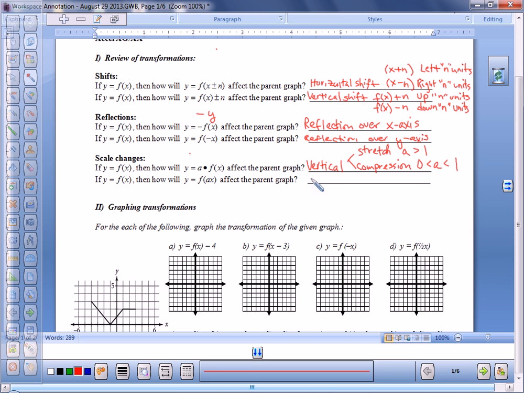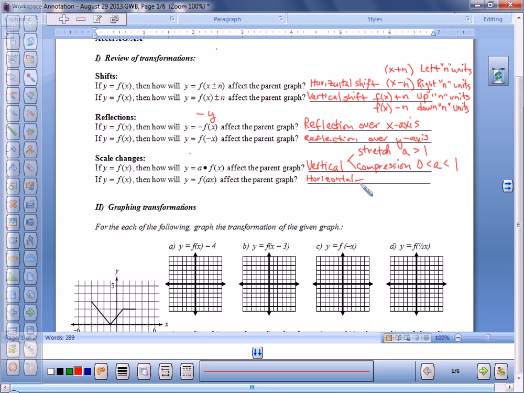Okay, now, do you see how the a on this one is inside affecting the x? Well, if we affect the x, that's going to change something horizontally. So this will be either a horizontal stretch or compression. And when it's grouped with the x, we have to think of it opposite.